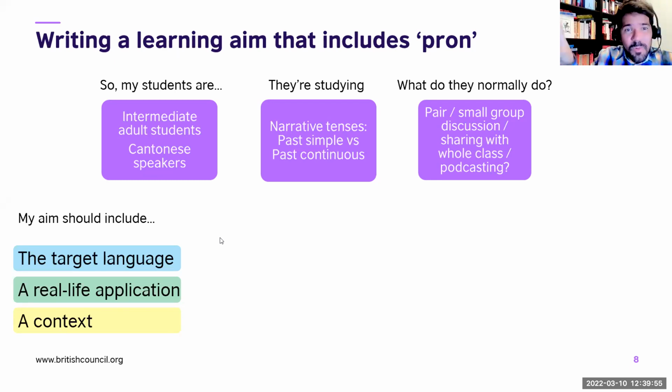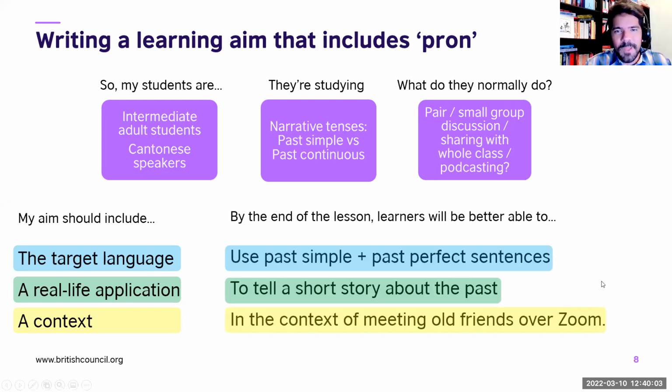We already know the target language for this one, but what about real life application and a context? I hope you are brainstorming over there, but I'm going to show you the ones I chose. Ta-da! So we think that my learners will be better able, or at least I want them to be better able to use this target language, past simple versus past continuous sentences.